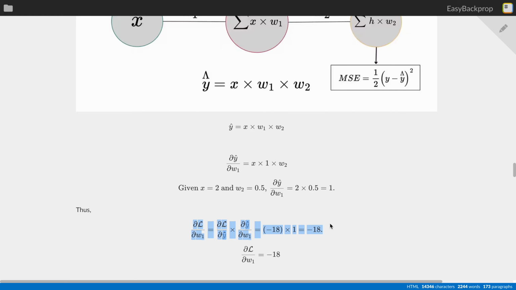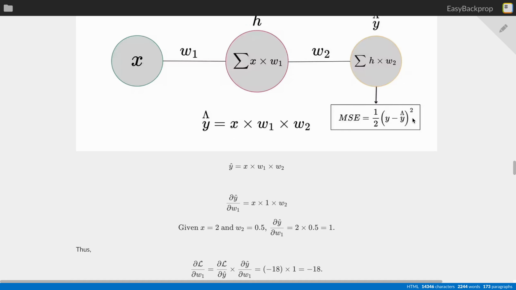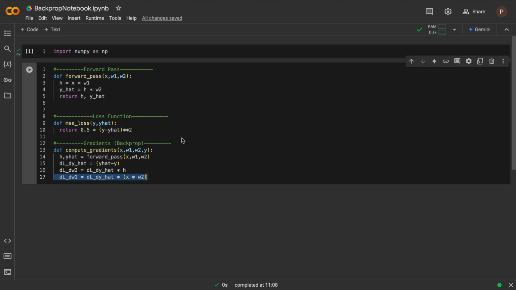And that's why we use the chain rule over here, right? Because the chain rule tells us that if we know how y hat influences the final loss, then we can basically calculate how w1 influences y hat. And if we multiply those gradients together, or these partial derivatives together, we're going to get how w1 affects the final loss. Okay, so that's what we did over here.